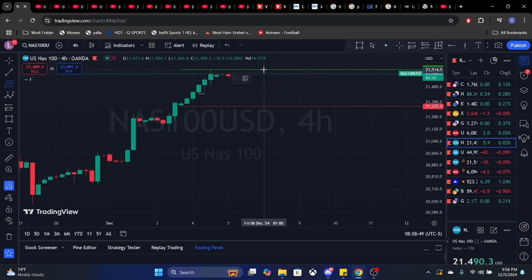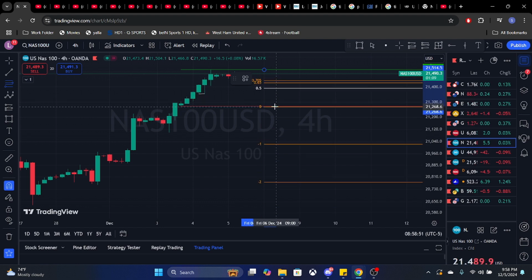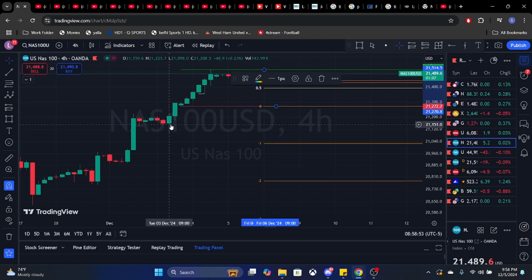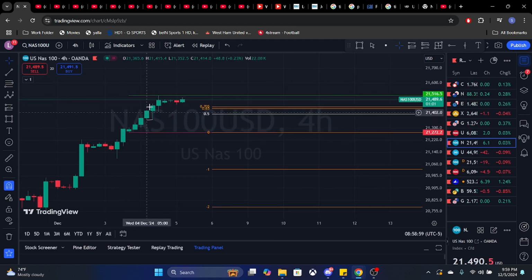If for some reason we start going below the 50%, then we can look to target here. But as long as we're still above the 50% of last Wednesday's candle, I'm not trying to pick tops and short the market, which is already bullish.